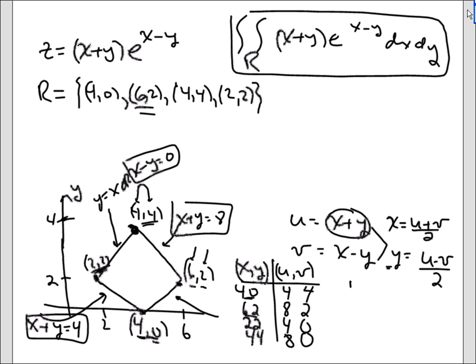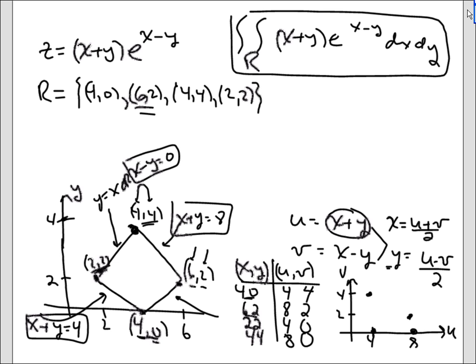1, 2, 3. The u, v axis. U likes to hang out at 4 and 8, and v 2 and 4. So here's 4, 4, and here's 8, 2, and 4, 0, and 8, 0. 6, 2, 4, 4, and 2, 0.